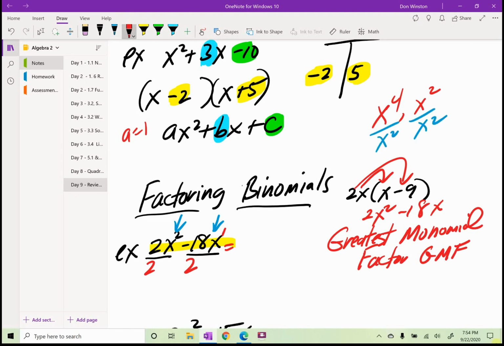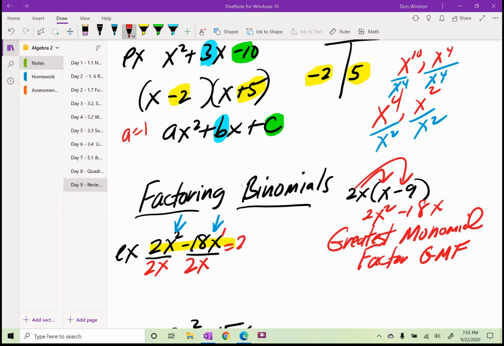If I had x to the 10th and x to the 4th, it would be x to the 4th. So the largest variable that divides evenly into x squared and x is x. There, I found my greatest monomial factor.